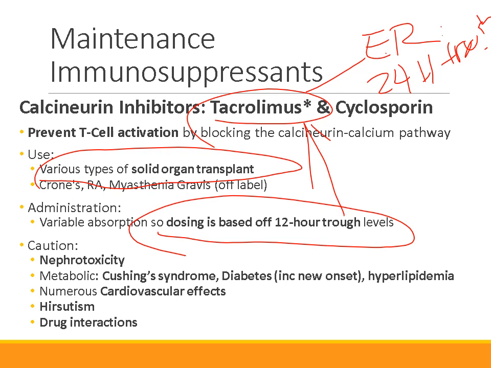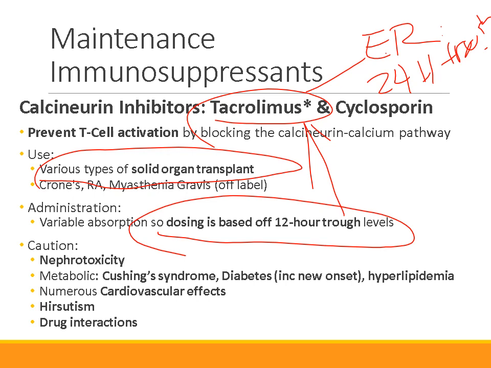So the 12-hour has been the normal process, but again, most recent studies show that that's not actually the best way to monitor cyclosporin, just to have that in the back of your head. With tacrolimus, though, which is generally preferred anyways, dosing is off of the 12-hour trough, or 24-hour trough for the extended release.